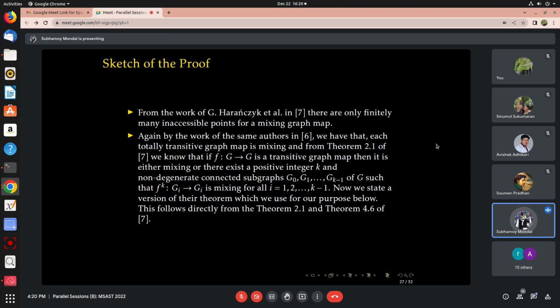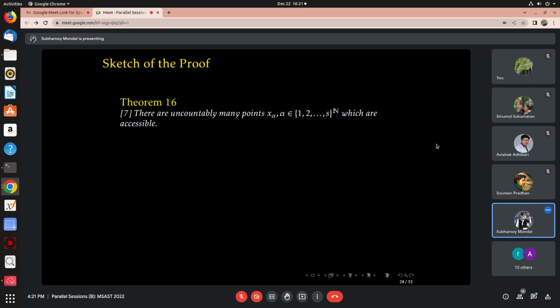That is, block decomposition says that if F is a Devaney chaotic graph map, then either it is mixing or G can be partitioned into a finite number of subgraphs such that their intersection contains at most a finite number of points, and this partition is cyclically permuted by F, and after some iteration, if we restrict F on these subgraphs, then they are all mixing, right? This theorem says that there are uncountably many points which can be accessible.